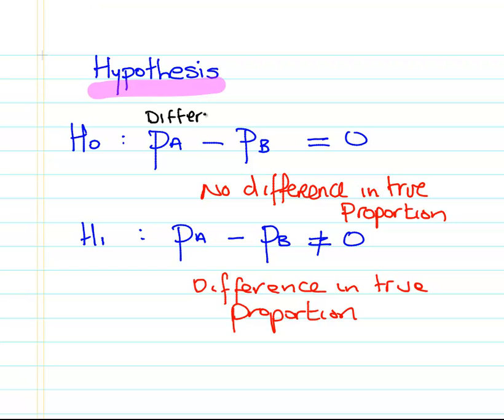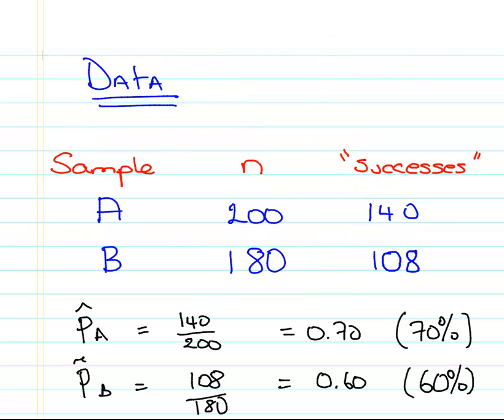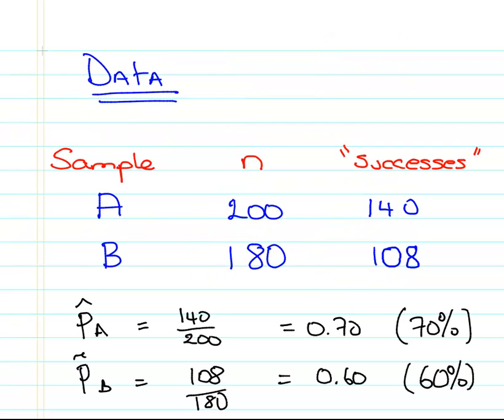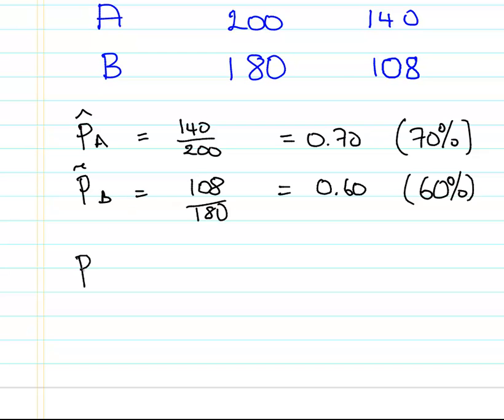Now, with regards to the hypothesis test we're going to carry out, this difference is our point estimate. So we have a point estimate there of 10%, 0.10. Let's go back to our point estimates here and add that to our list.